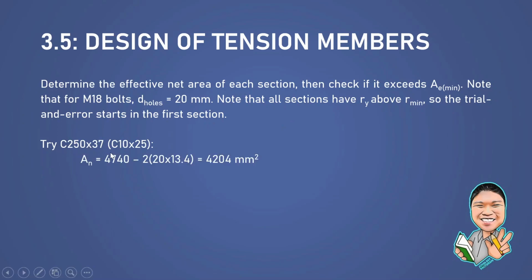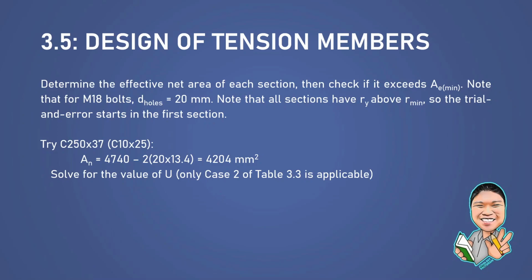So, yung area natin is 4,740 minus 2 times 20. Yung 13.4, yun yung thickness ng ating web, di ba? So, 4,024. Tapos, solve for the value of U. Only case 2 lang. So, yung U is 1 minus X bar over L. So, 1 minus 15.7 over 2 times 85.